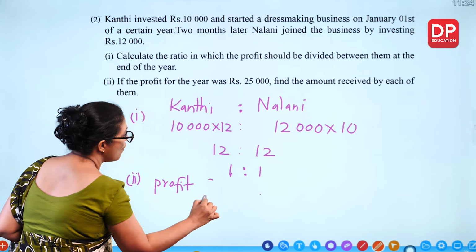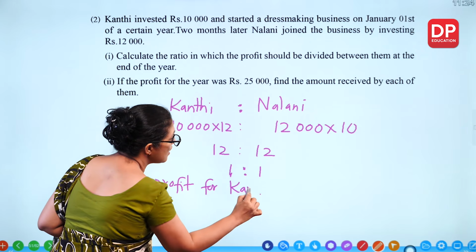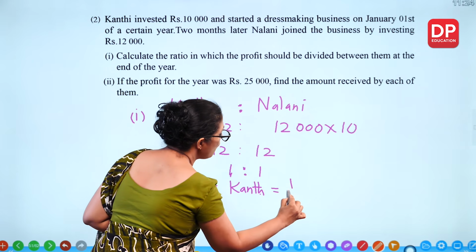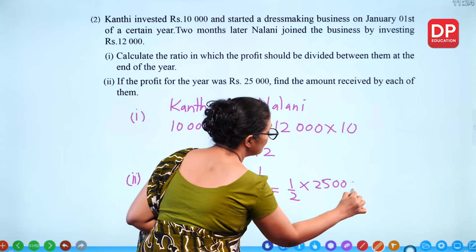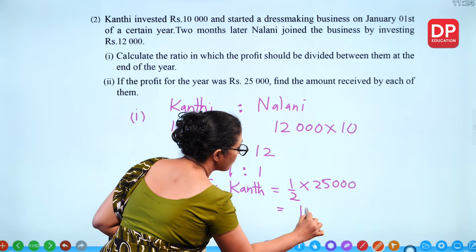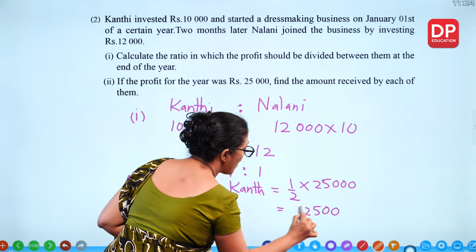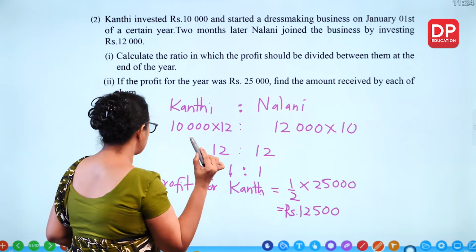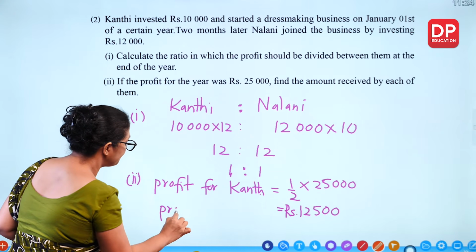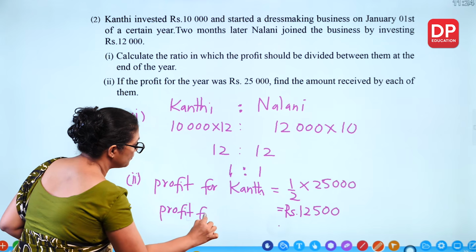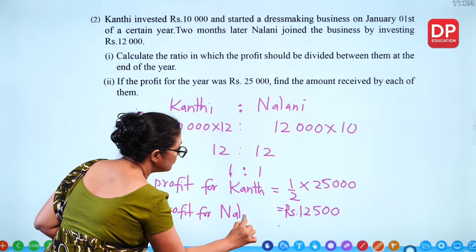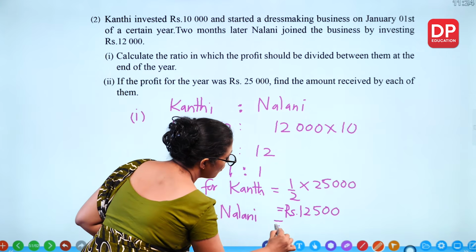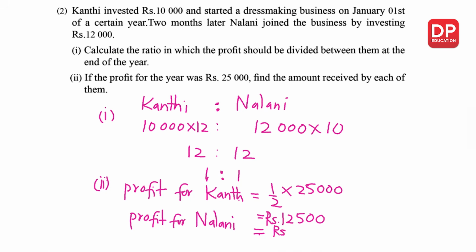Profit for Kanti is half of 25,000, ₹12,500. And profit for Nalini is also 12,500.